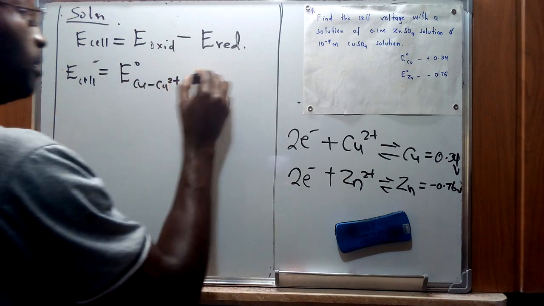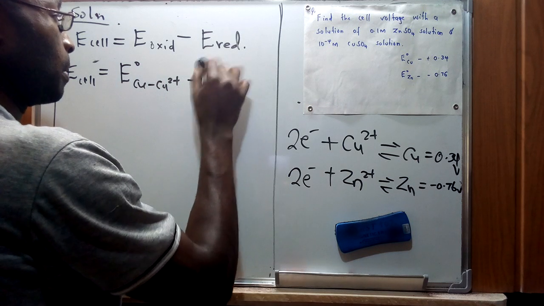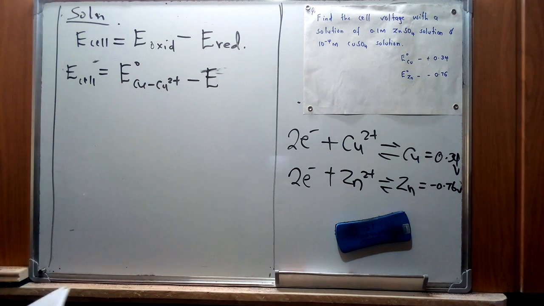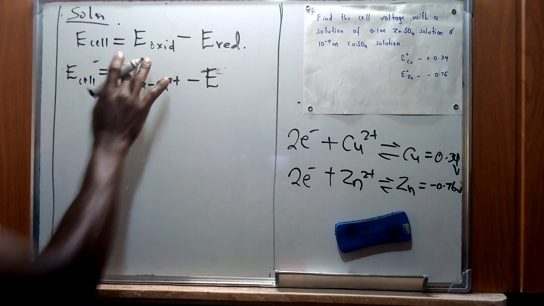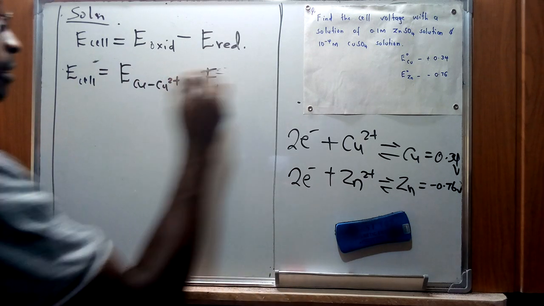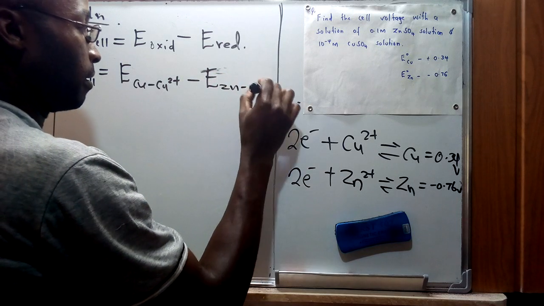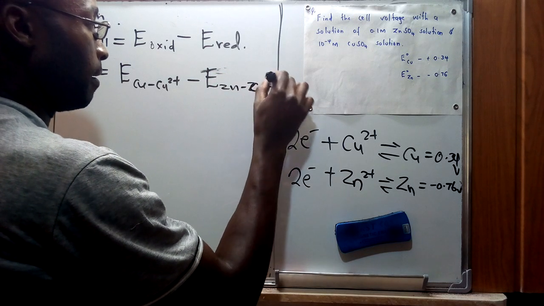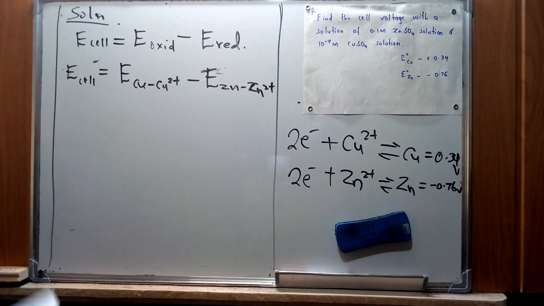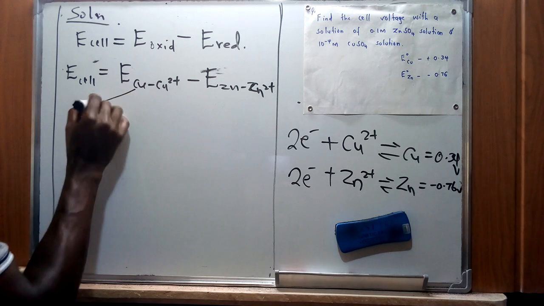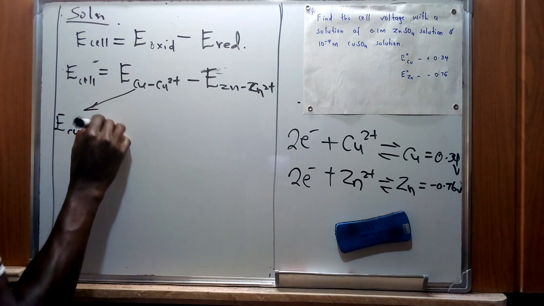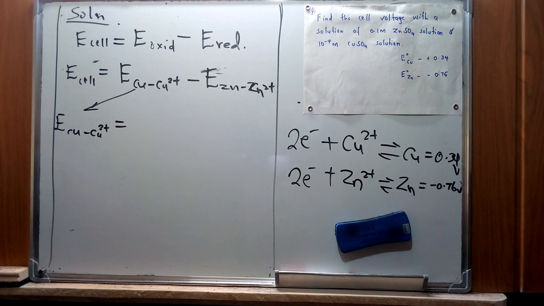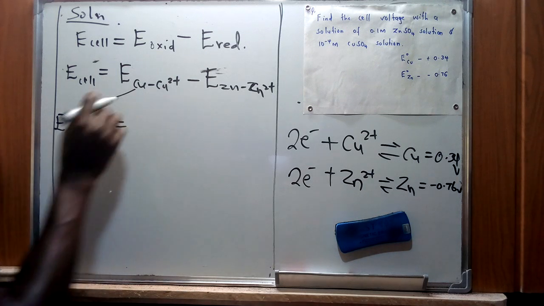And then the species that is undergoing reduction is zinc, and therefore in this case we are just going to have the demonstration for copper minus positive. So for copper, this is going to be given using the Nernst equation.